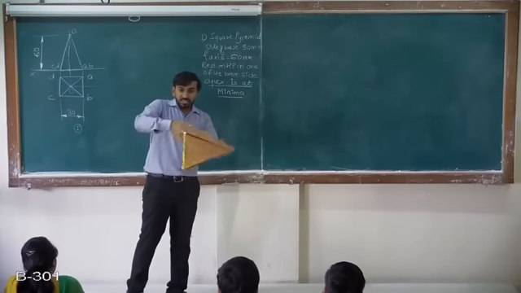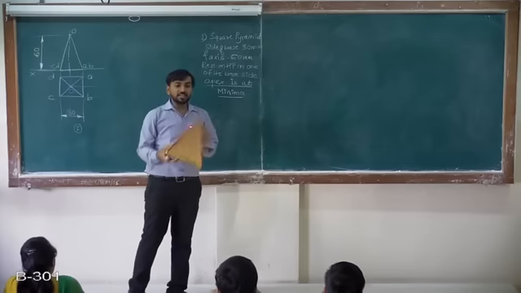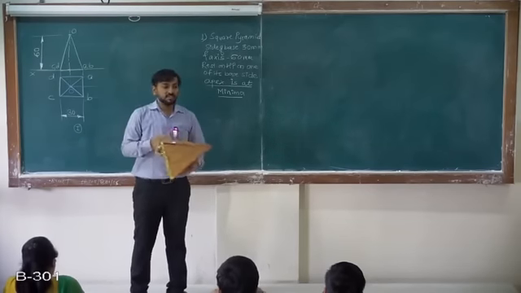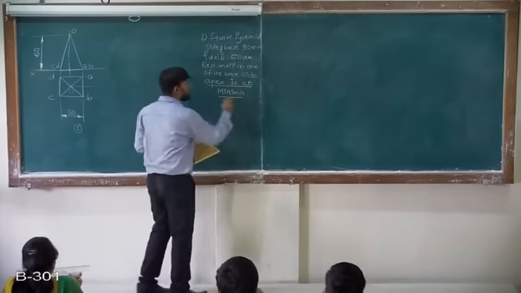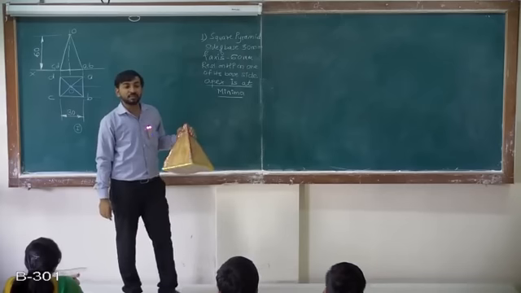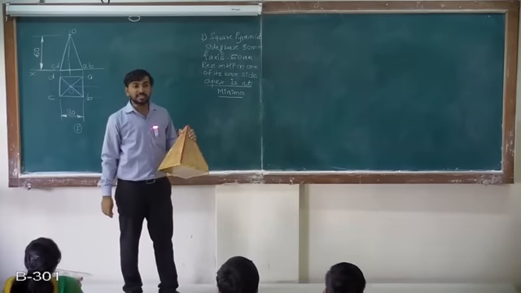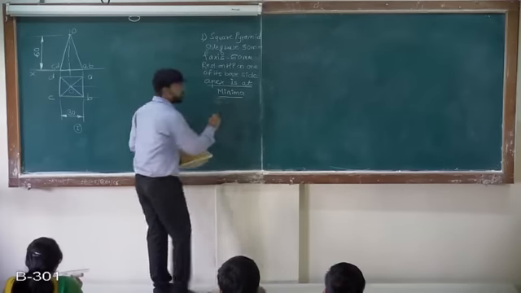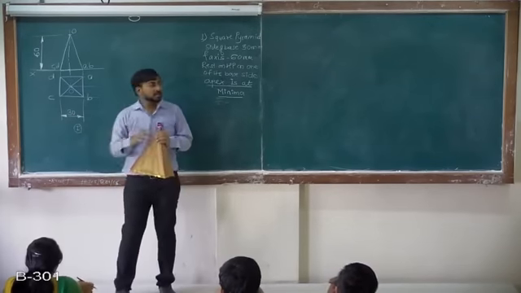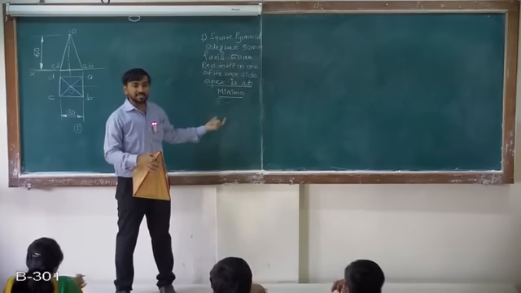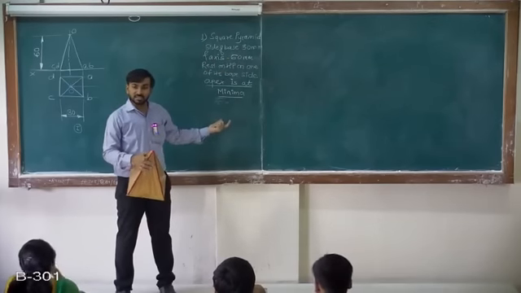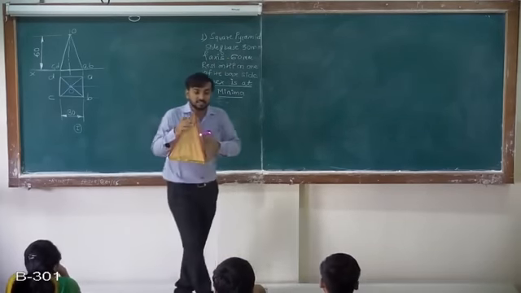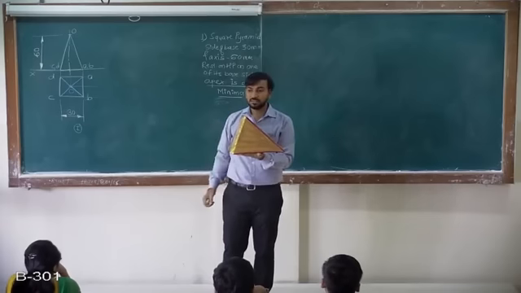Minimum, that means simply like this. So it is resting on a face. So when I say the apex for a pyramid is at minimum position, that means it is resting on this face like this, right?